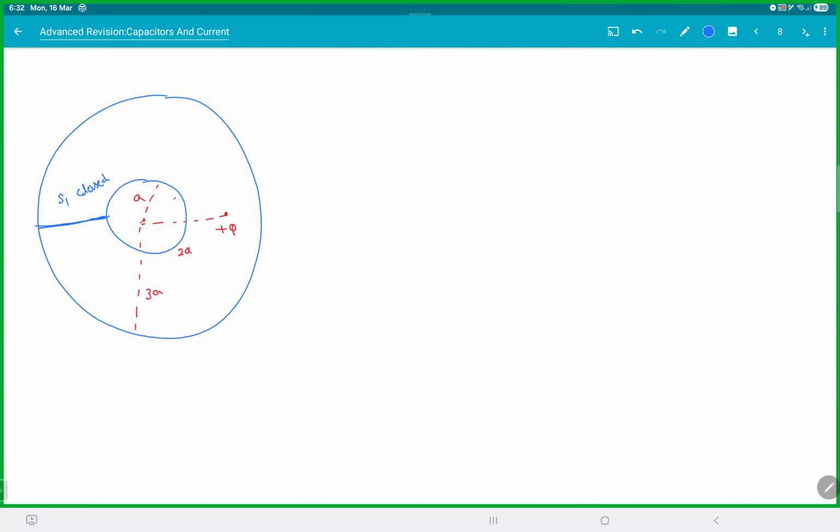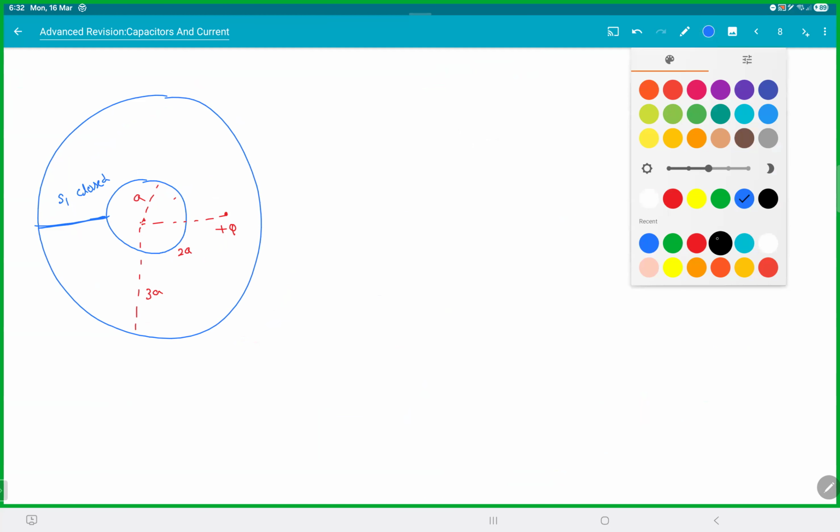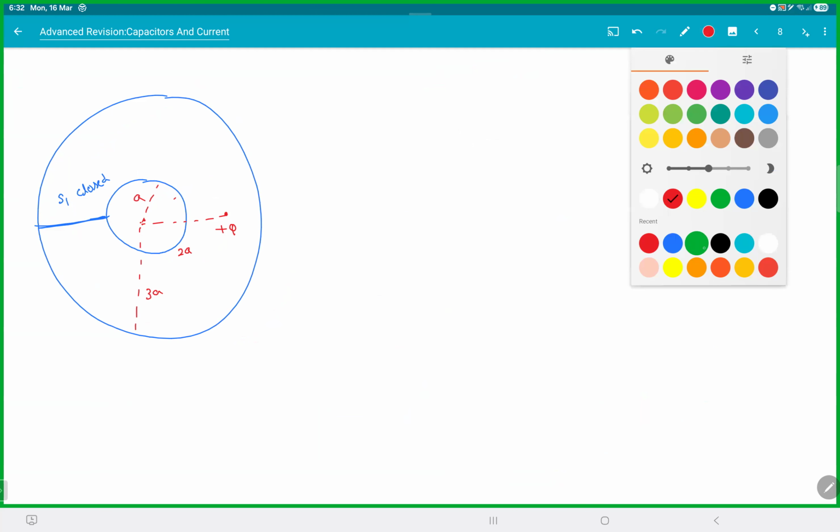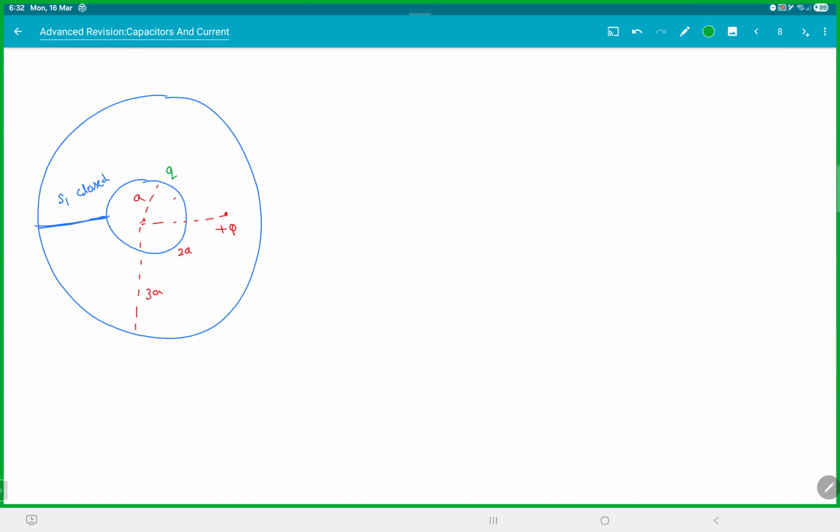Now the problem here is, the moment you close the switch, there will be some charges. This will be some small q. I don't know how much that is. And if that is small q and this is plus q, on the inner surface you should have minus of q plus q.